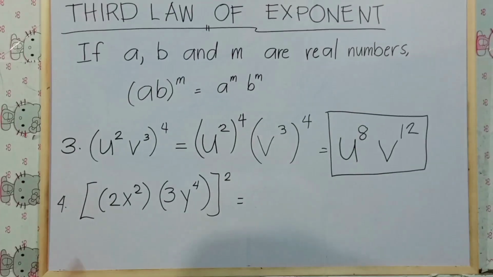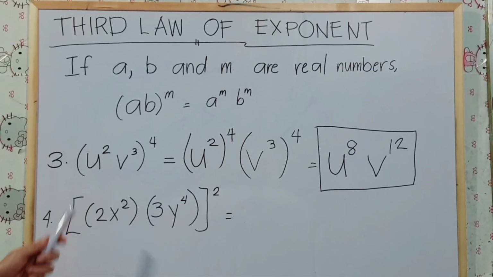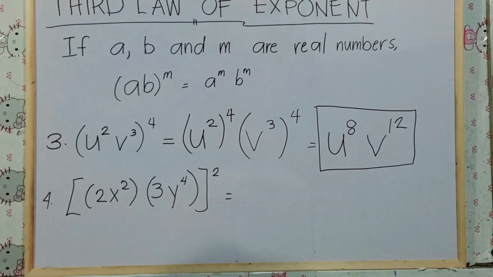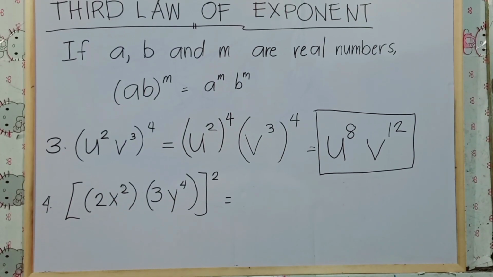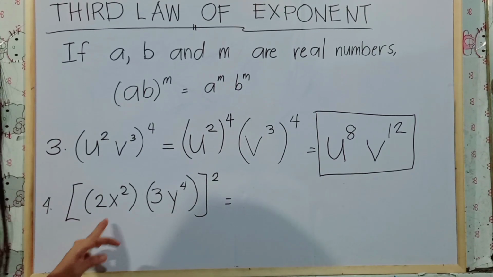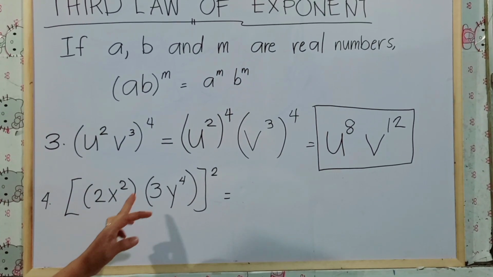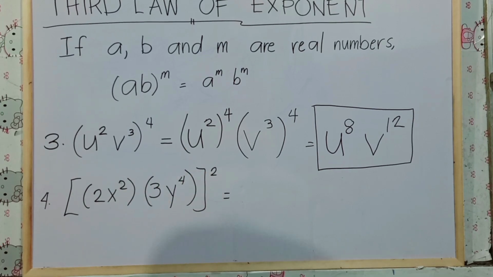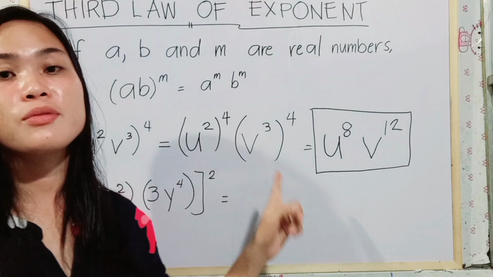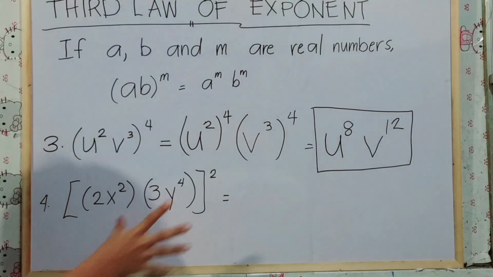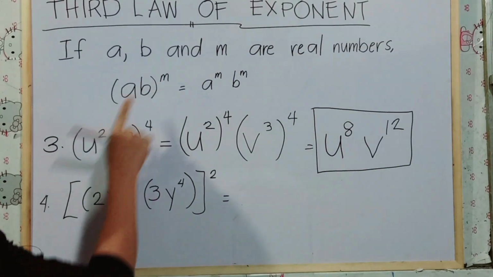Let's proceed to the fourth example. Here it's a little bit complicated, but we will just apply the rule. We have here 2x squared times 3y raised to the power of 4, and then to the power of 2. How to solve this? We will just apply the rule.